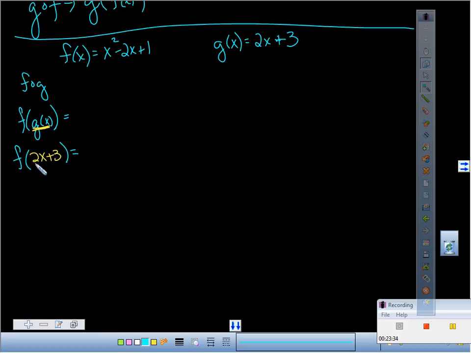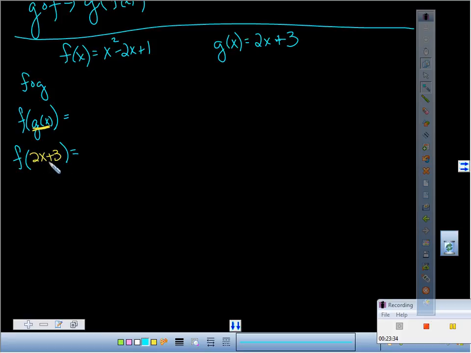All right, so here's the directions. Do you see this letter right here? It's telling you where to go. It says, hey, go to the F function. Here's the F function. What did I put in place of this X down here? 2X plus 3.